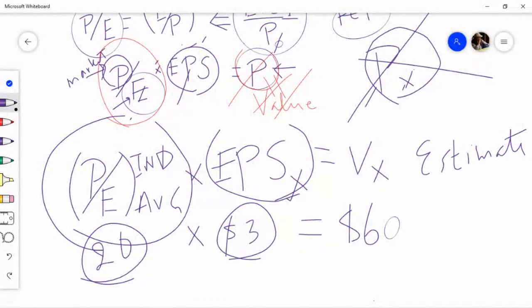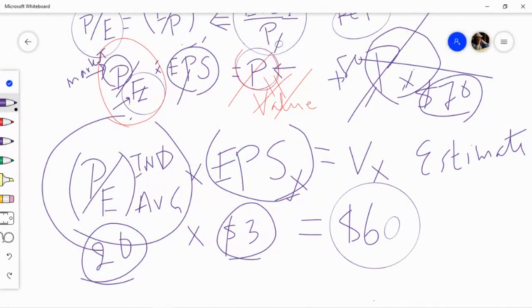And then market price could be 70, or market price could be 80 or 75. But if this is what is deemed intrinsic value, then you can say the market is overvaluing or overpricing this stock.